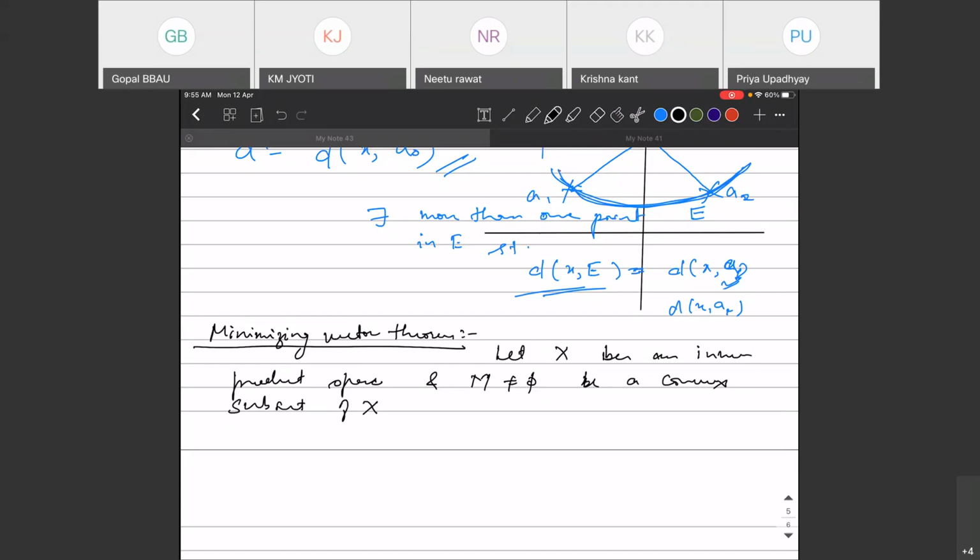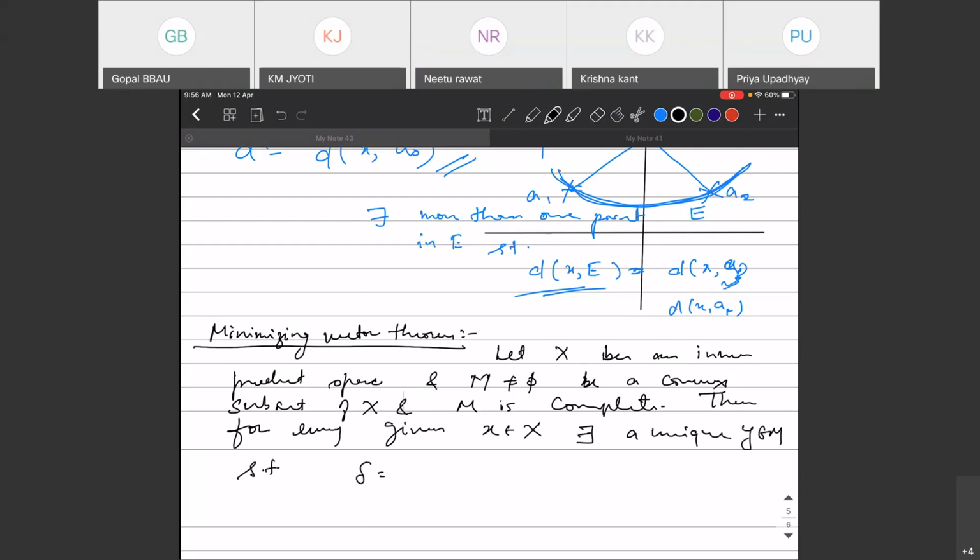M is a convex and complete subset. Then the conclusion is, for every given x in X, there exists a unique y in M such that this infimum is attained there.